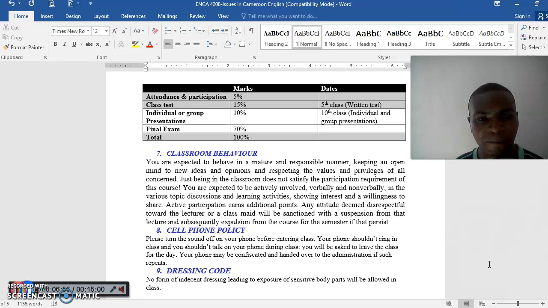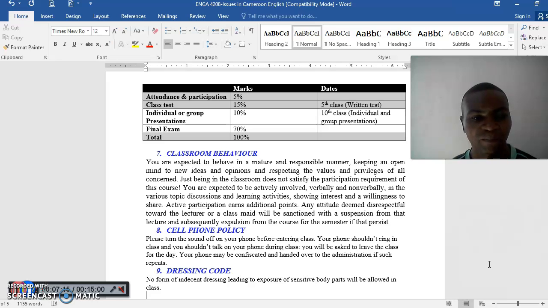You don't need to behave in a way that will cause some other students to feel bad attending the class. So whatever you do, there are sanctions that follow.